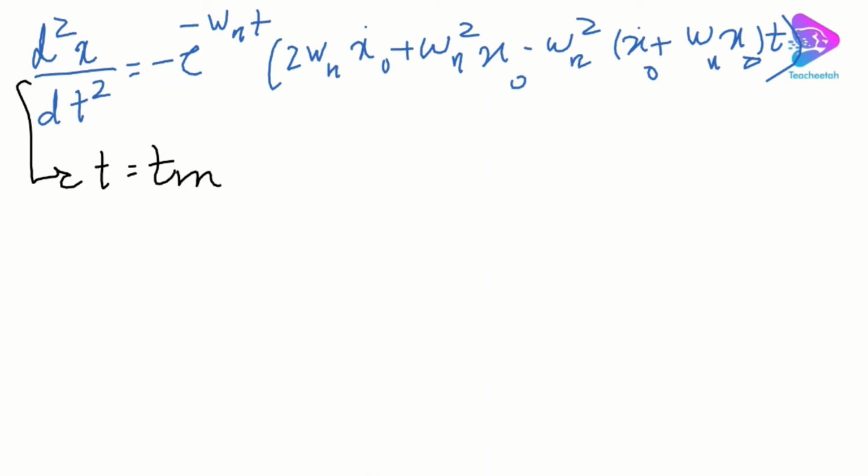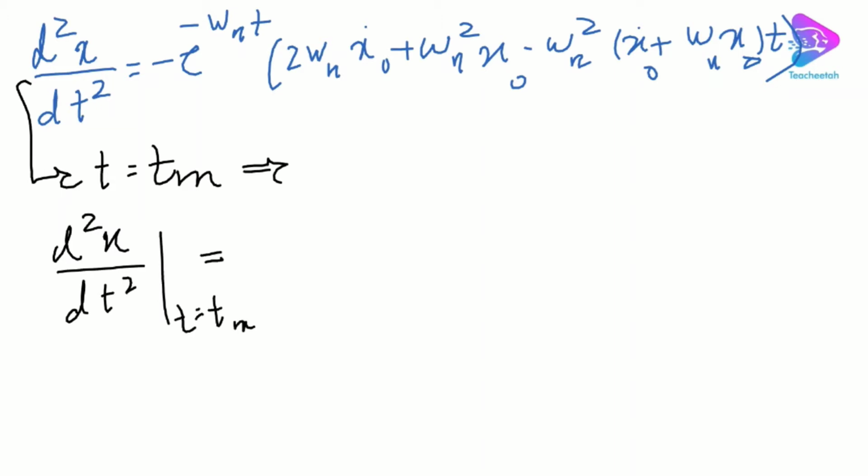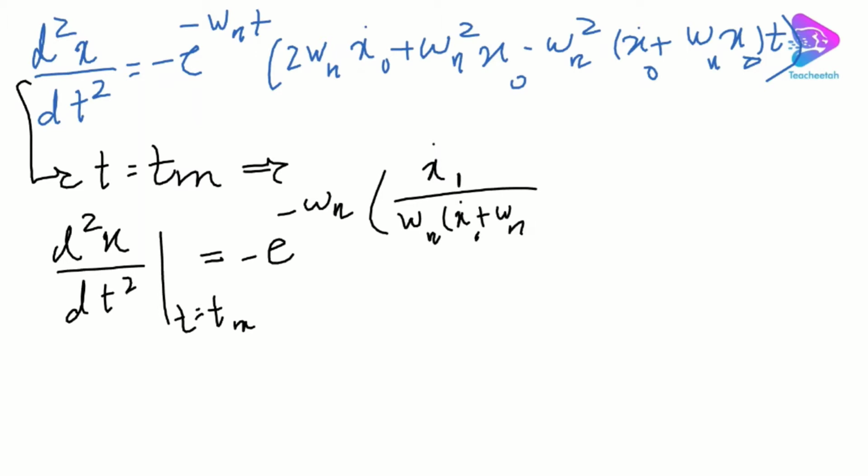If we do this and simplify it, we can find that d2x over dt2 at t equals tm is equal to minus e to the minus omega n times, as you may remember, we had the expression for tm in the previous slide, x dot naught over omega n x dot naught plus omega n x naught, times omega n x dot naught plus omega n squared x naught, right?